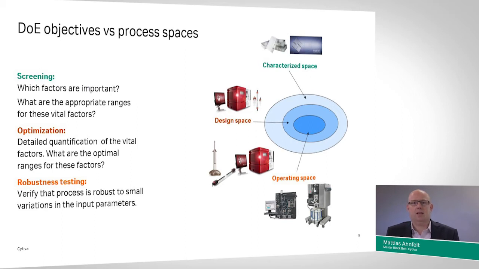What robustness testing DoEs do is that they again use a very low amount of experimental runs in a rather large, if one likes, a really large number of process X parameters, but very few runs, with the aim of just checking that the results are okay.